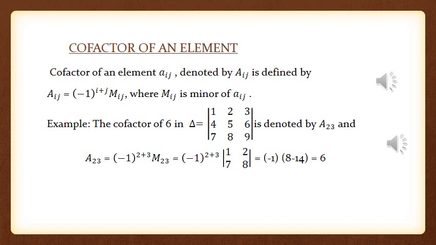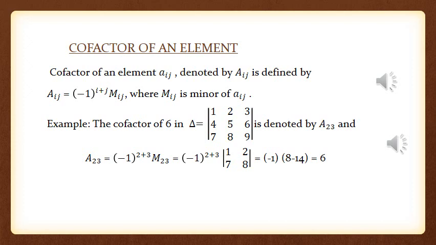So one example, the cofactor of 6 in delta equal to determinant 1, 2, 3, 4, 5, 6, 7, 8, 9. 6 is in the second row, third column. So it is the element small a23.